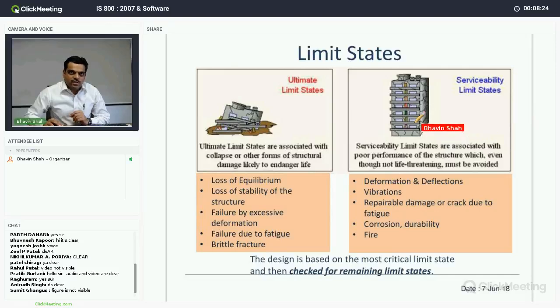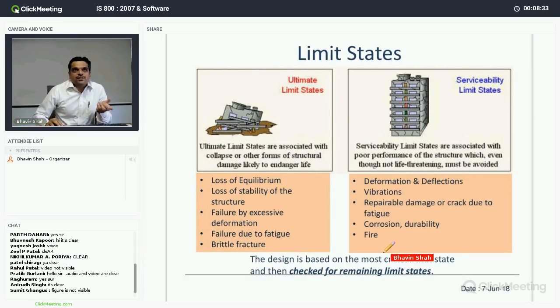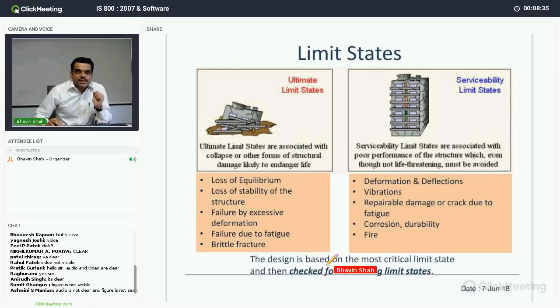Serviceability limit states are the states when the structure is not fit for its intended use. Generally, in the limit state design method, the design should be based on the most critical limit state, and then it should be checked for the remaining limit states.